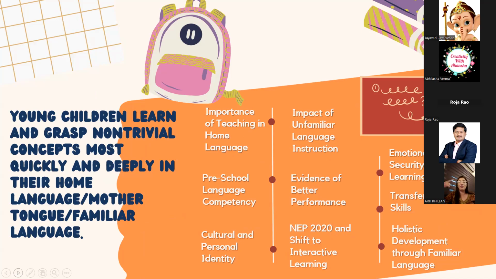Then we have the impact of unfamiliar language instruction, the negative impact of using an unfamiliar language. So this gives you the reason why we have to teach students in their mother tongue. Because if they listen to something unfamiliar, from there itself, children will disregard the previous learning.